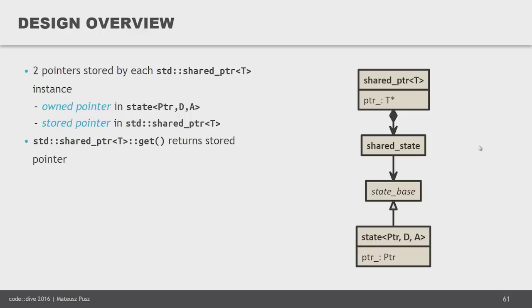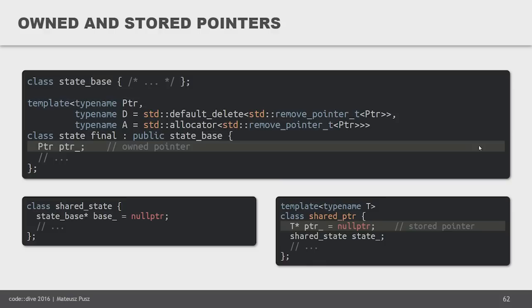And another one is stored and owned by the state, and is used and released when the shared pointer goes out of scope. To implement this, it's pretty simple. We just have to add a pointer to our state. We already had it, and we have to add another pointer to our shared pointer class.